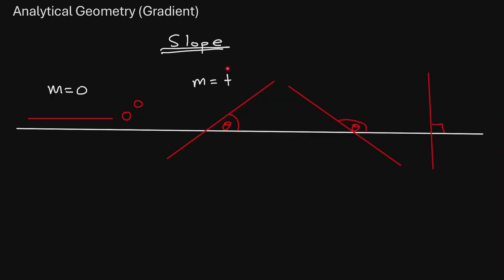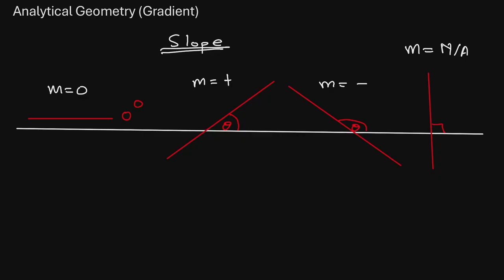But if we look at this line here, as we move from left to right, the line is going down. So this line is a decreasing line, and therefore the gradient of the line is going to be negative. Like I said, if you have a vertical line, we are not going to have any gradient. The gradient of a vertical line is not applicable.